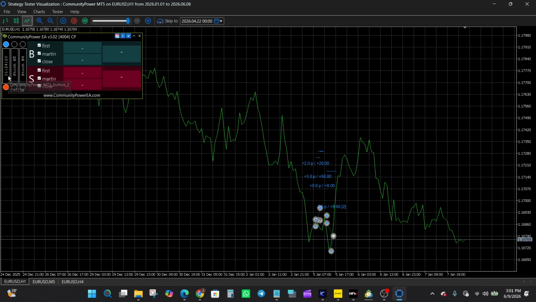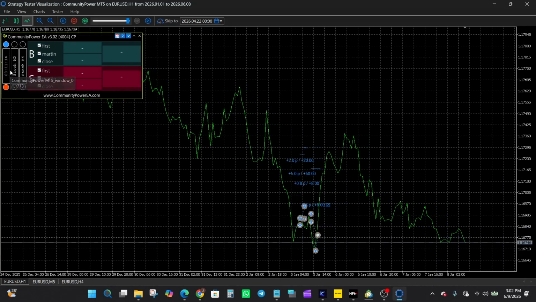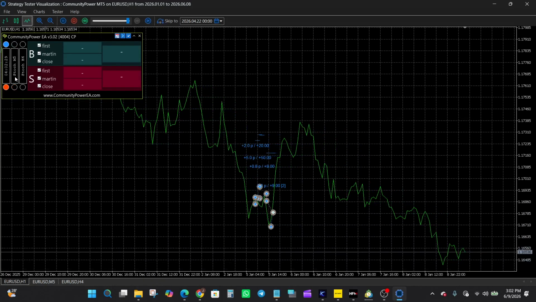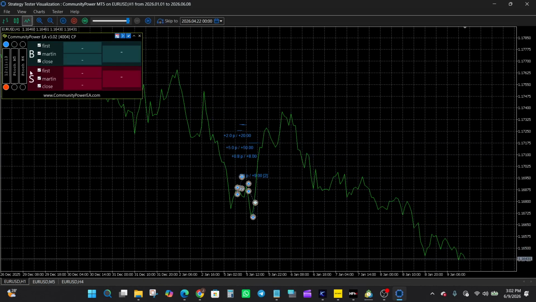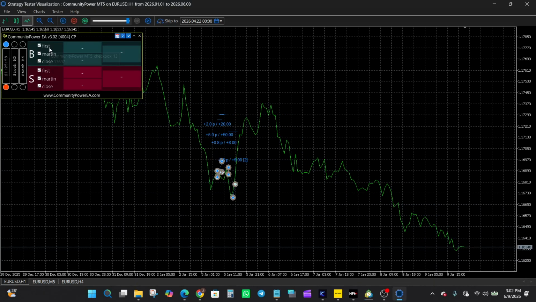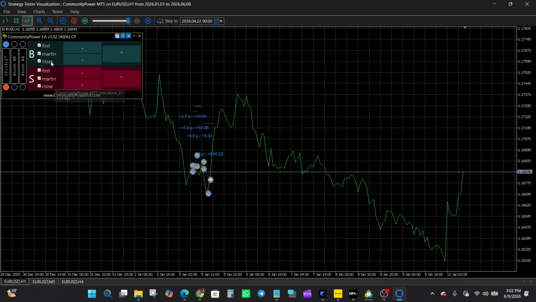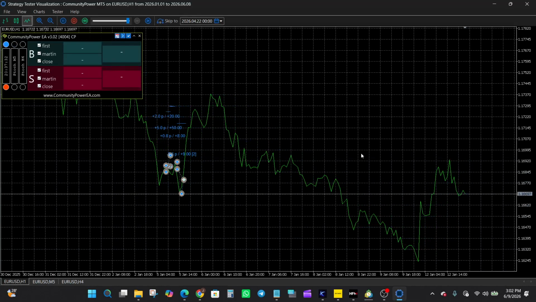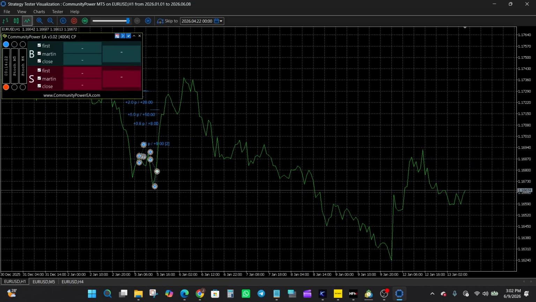And okay, we can also see here this is probably time. And okay, we can see stock M5, stock H4, and okay, these are community power checkbox. Okay, so this is the EA being active, right?